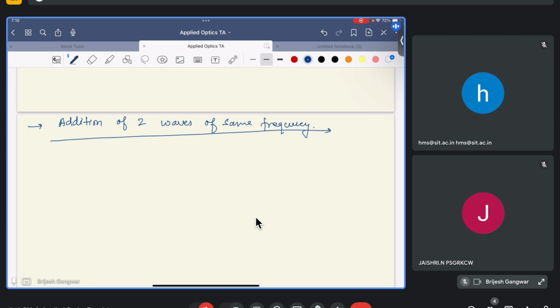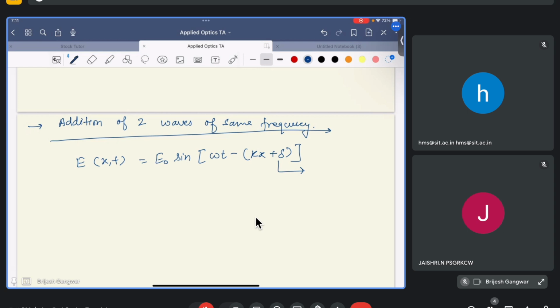Whatever way you solve the differential equation, the equation of a wave can be written as E(x,t) = E0 sin(ωt − kx + δ), where δ is some initial phase.